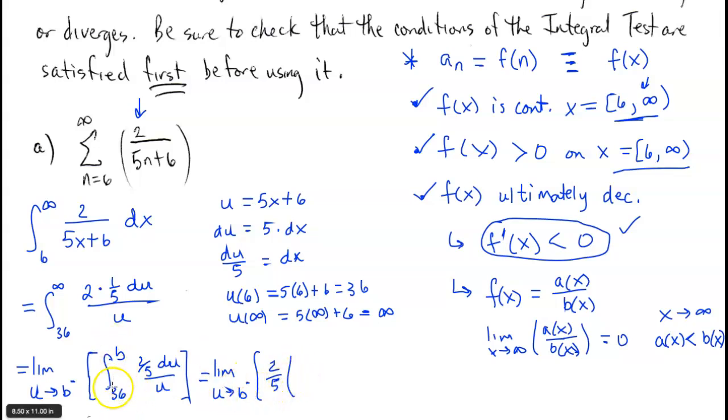Since the values of our limits of integration are all positive and greater than 1, we don't have to worry about the absolute value sign. So we're just going to say that this is natural log of u, and that's going to get evaluated from 36 to b.